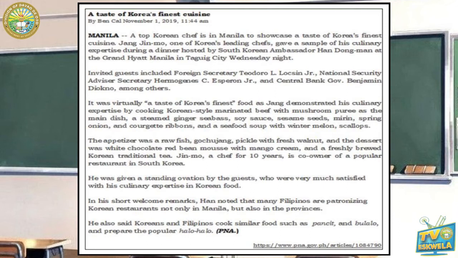The appetizer was a raw fish, gochujang, pickle with fresh walnut, and the dessert was white chocolate, red bean mousse with mango cream, and a freshly brewed Korean traditional tea. Jinmo, a chef for 10 years, is co-owner of a popular restaurant in South Korea. He was given a standing ovation by the guests, who were very much satisfied with his culinary expertise in Korean food.